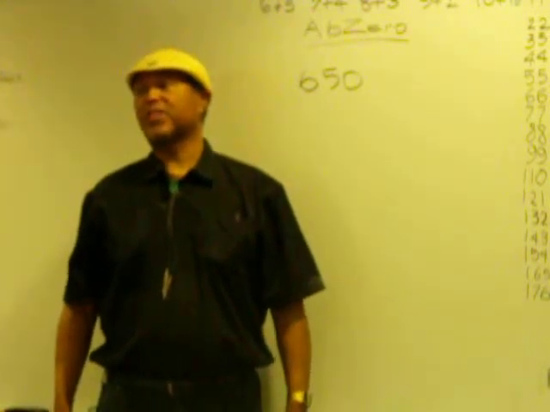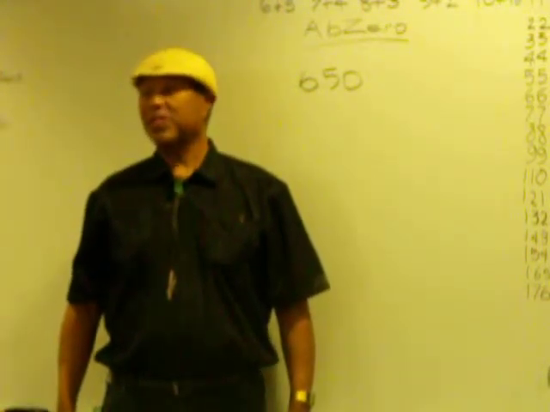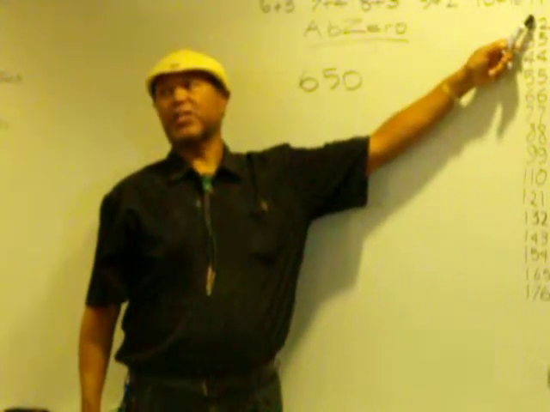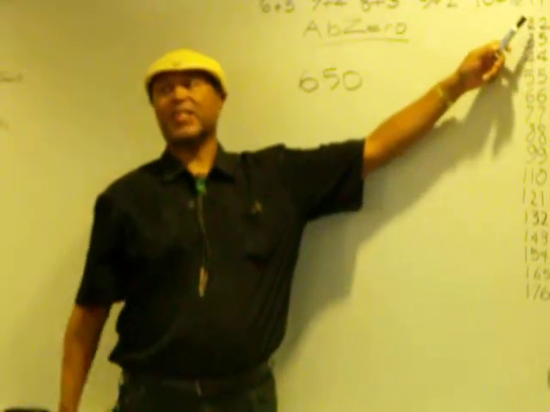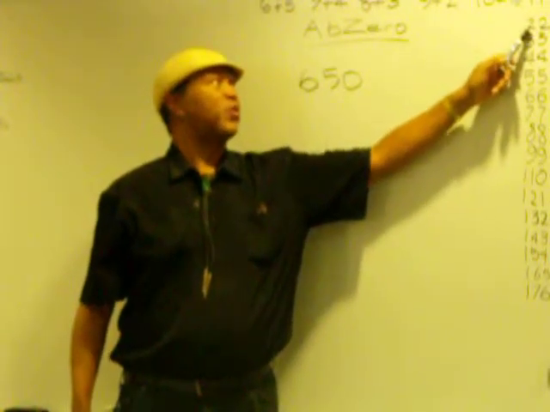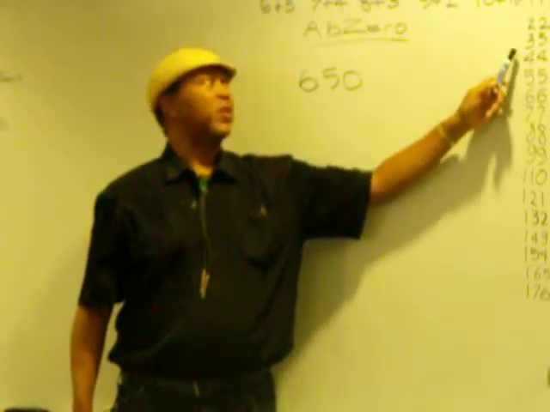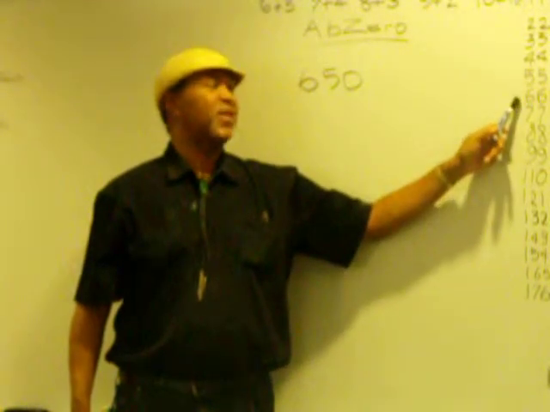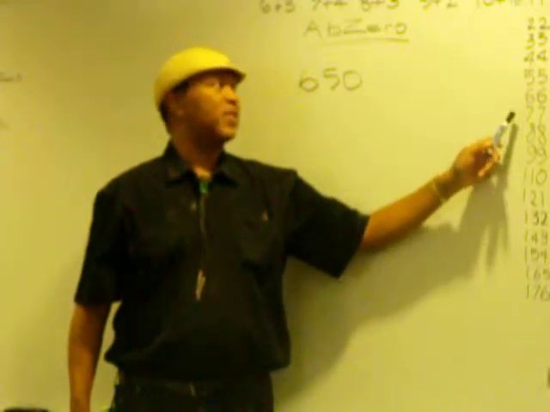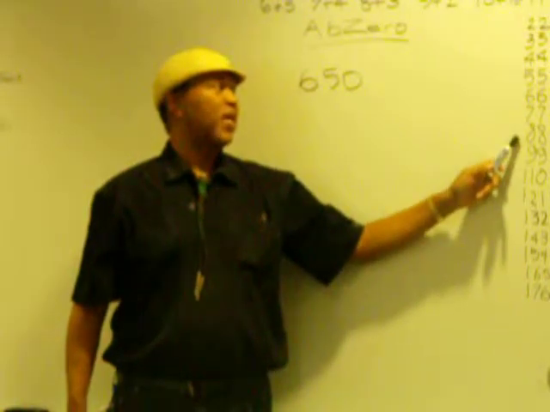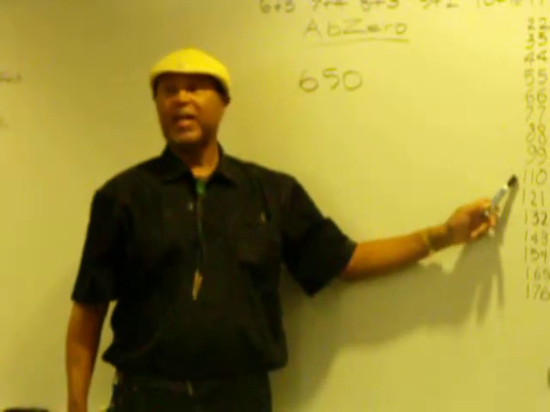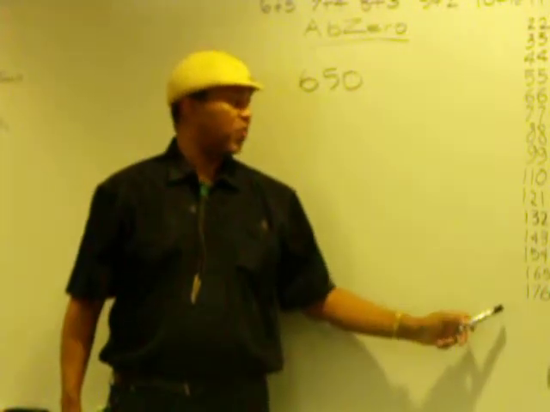A multiple of 11 is a number which 11 is multiplied by. So, multiply 11 by 2, you get 22. 3 times 11 is 33. 4 times is 44. 5 times is 55. 6 times is 66. 7 times is 77. 8 times is 88. 9 times is 99. 10 times is 110, and it goes on and on.